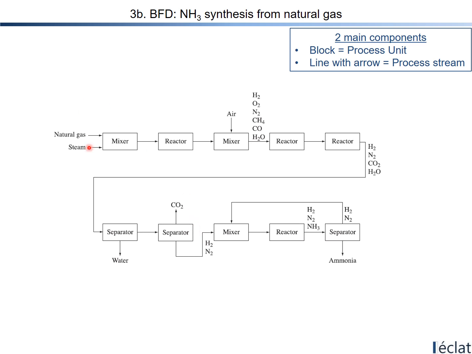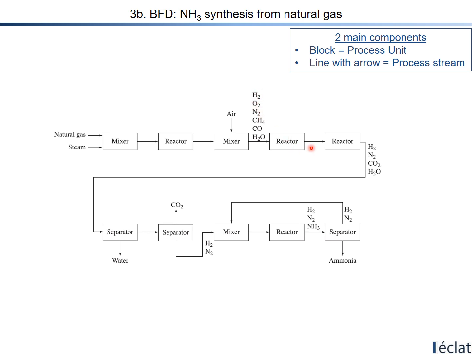So look at that, natural gas, hydrogen and carbon sources. Here, actually hydrogen sources and steam, so water, mix together, then go to a reactor, then mix with air, then finally you have materials which can be used for making ammonia, actually for making hydrogen and also providing nitrogen. Water, carbon monoxide, methane, nitrogen, oxygen, H2.